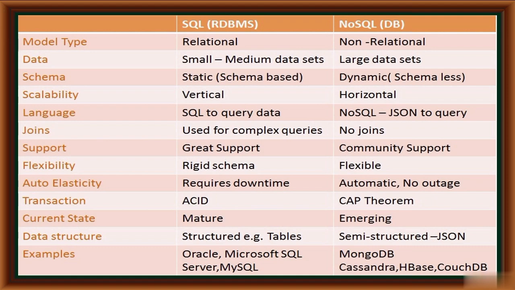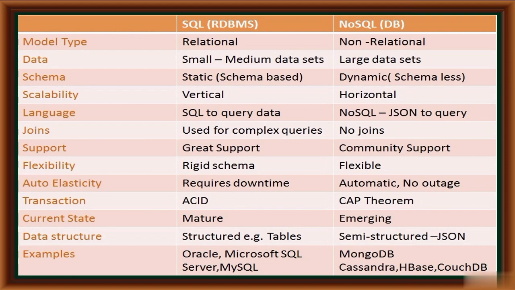It's community-based support at the moment. The traditional database is not as flexible because the schema is rigid and strict. It has to be defined before it can be used, while NoSQL databases have a more flexible dynamic schema.